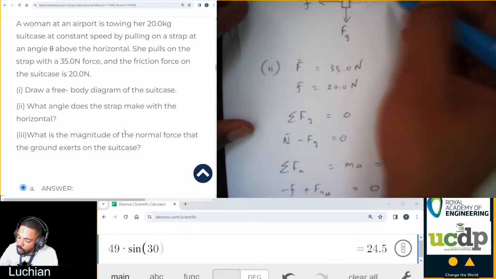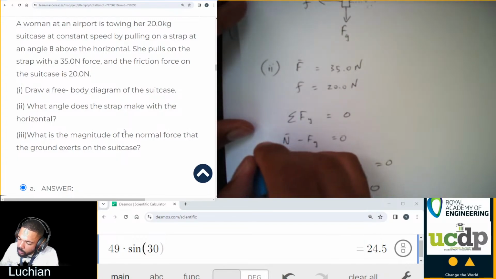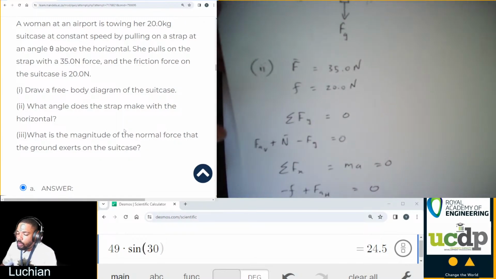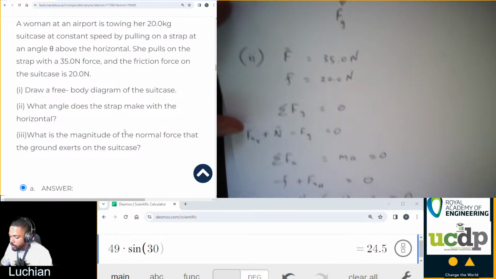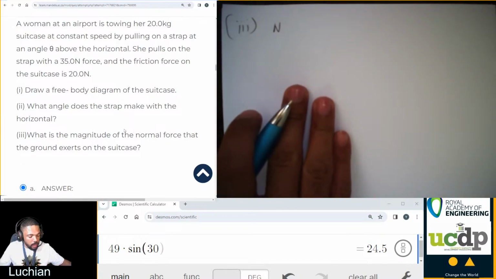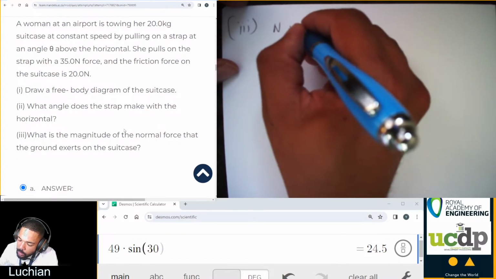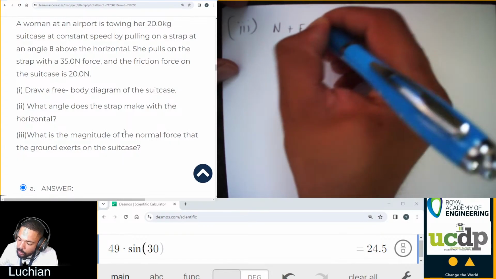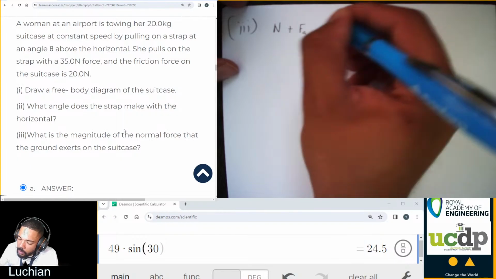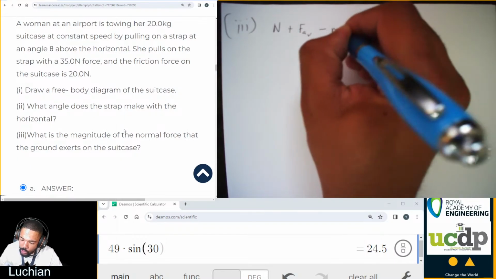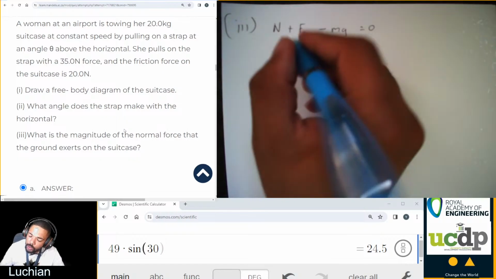The applied force also has a vertical component, so this will also be added there. So it'll be the normal force plus the vertical component of the applied force minus its weight, which is mg, and that should all be equal to 0.